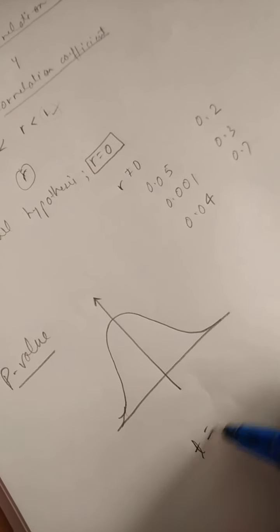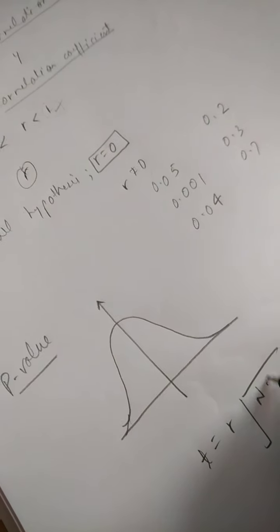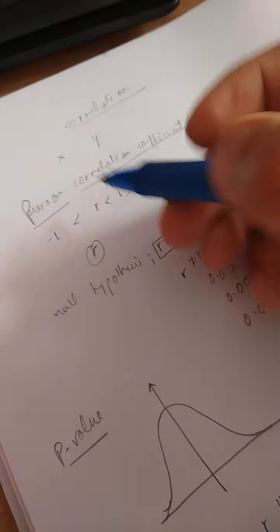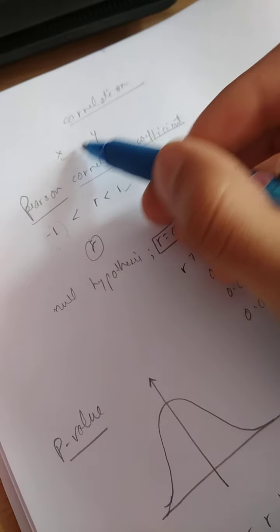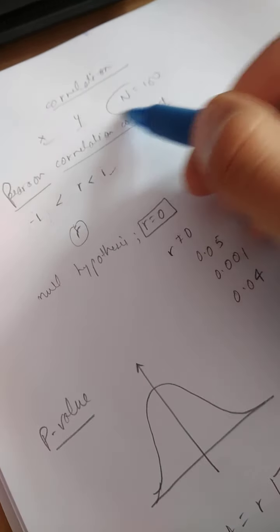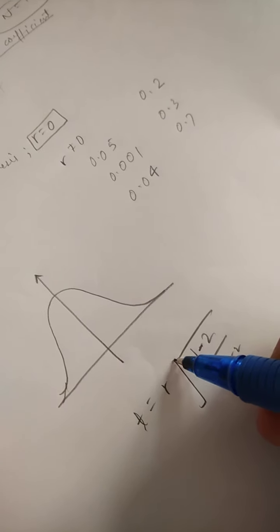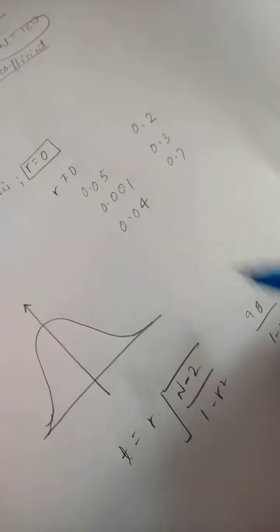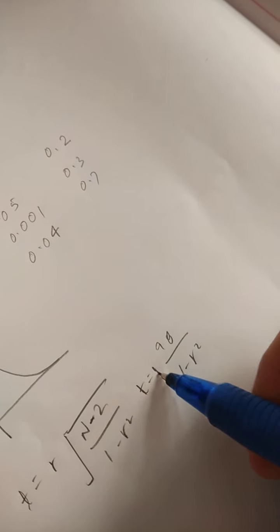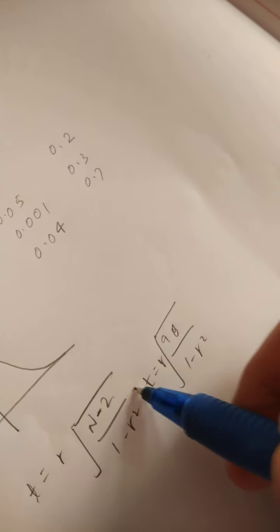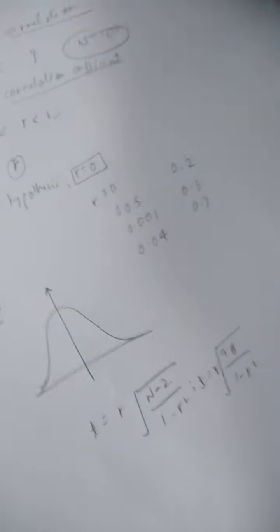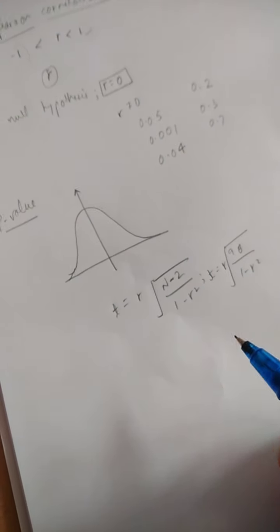Yeah, T equals R times root n minus 2 upon 1 minus R squared, where n is the number of data points. Let's say there were 100 data points in X and Y. So n is equal to 100. So n minus 2 becomes 98, upon 1 minus R squared. This is the T parameter of the T distribution. In the Pearson correlation coefficient, it has to follow this distribution. That is how it is defined probably.